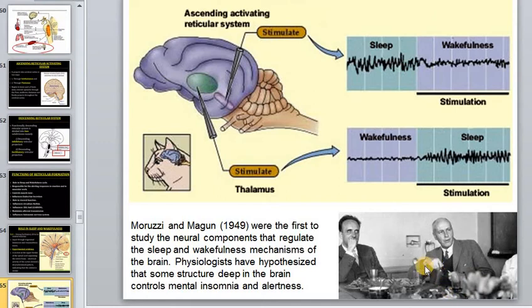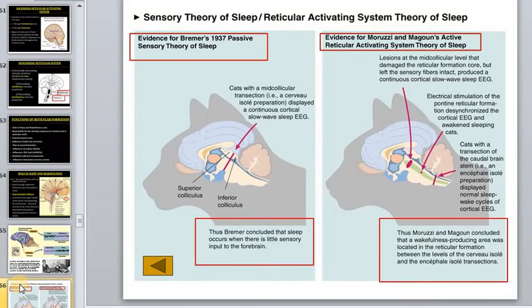I hope you remember these scientists from the first slides of this practical, Moruzzi and Magoun, who were the first to study the neural components that regulate the sleep and wakefulness mechanism of the brain. These physiologists hypothesized that some structures deep in the brain control the mental state, and all the experiments were with cats. But it's not the first experiment with animals and with the reticular formation.